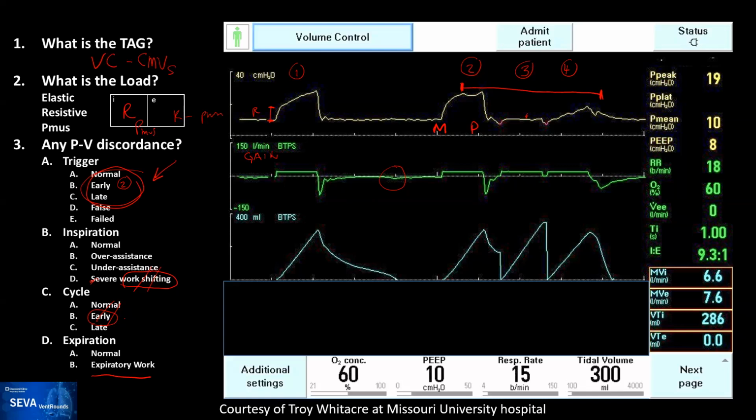Yeah, and this leads to multiple other problems, and you can list the asynchronies in order if you want, but essentially the initial one is the early trigger. Right. Hara is highlighting the drop in expiratory in the first breath.